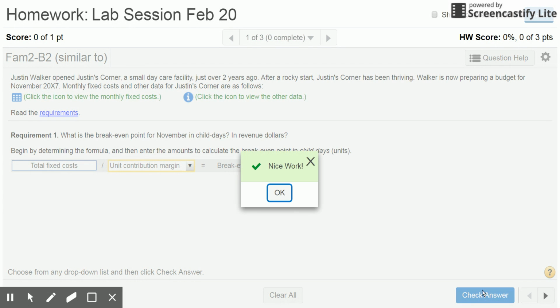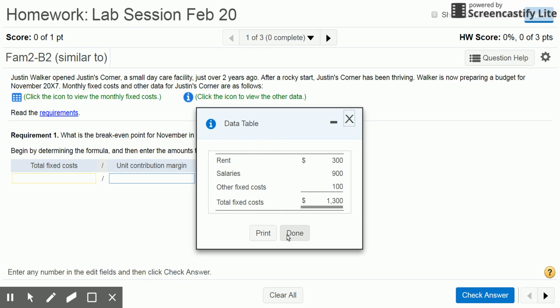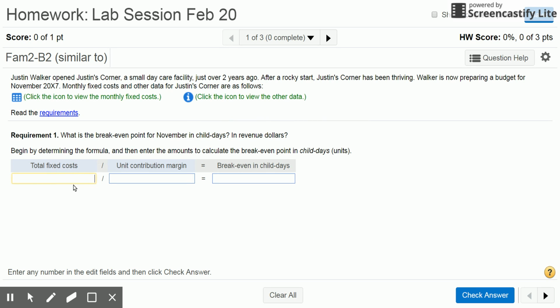So let's check our answer. What's our total fixed cost based on this table? Our total fixed cost is $1,300. And our unit contribution margin. So what was the unit contribution margin? It was the profit that we are making on each of the products.